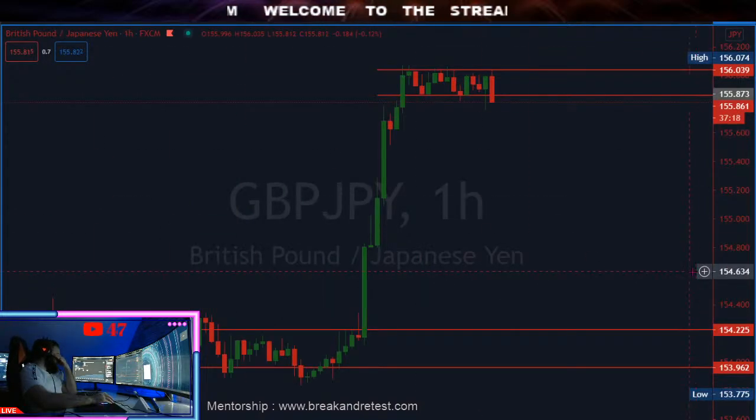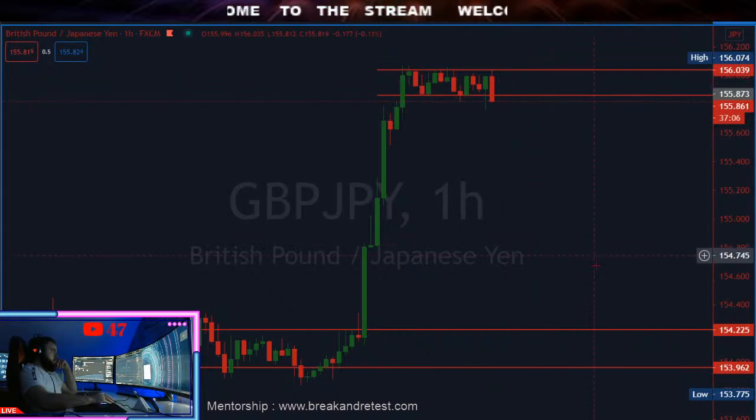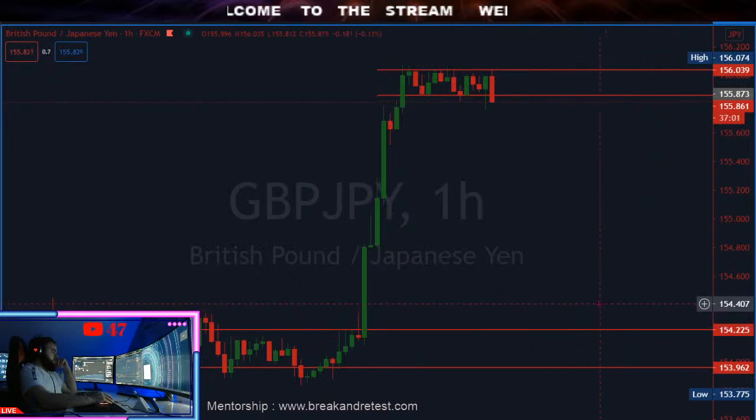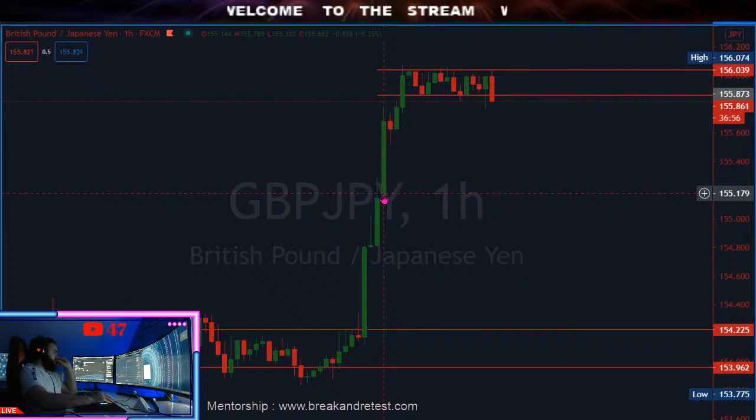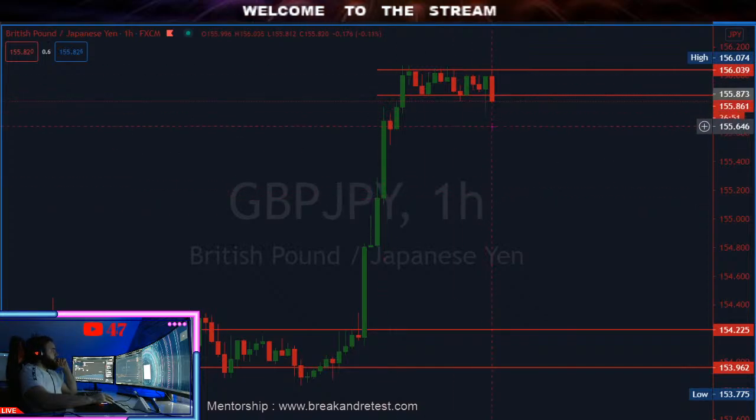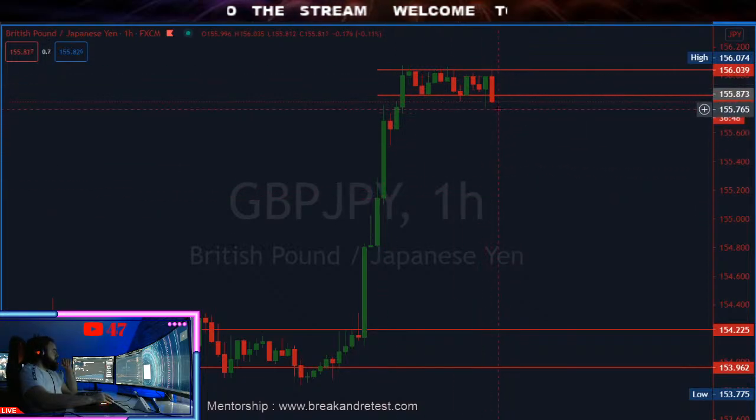The thing is, this move happened from the news, so it can be easily corrected. You could see a whole pullback today on GJ just because the move happened from the news, and we've seen that a lot of times. Well, we'll see. If we get a good close without a bottom wick or something, we can go for it.